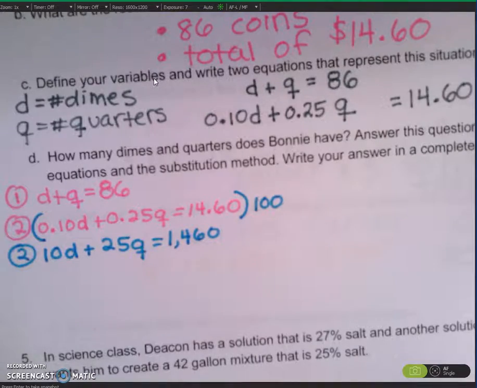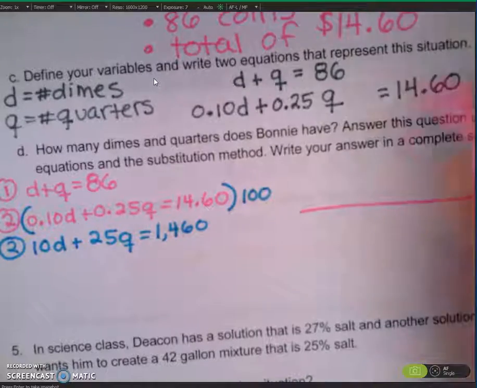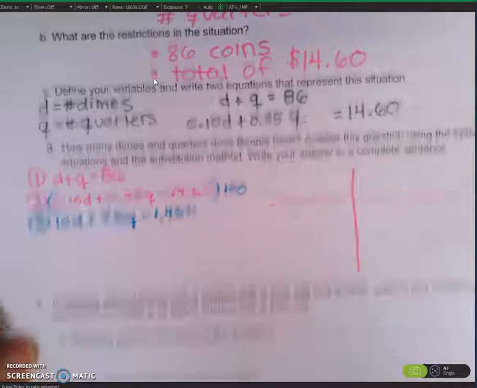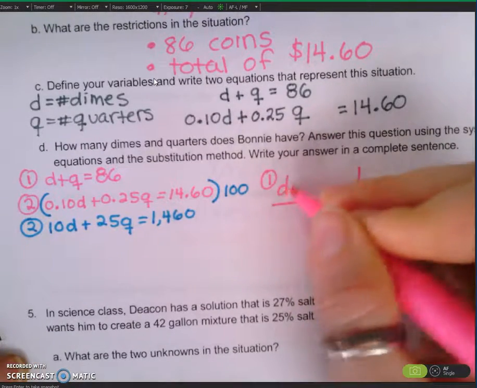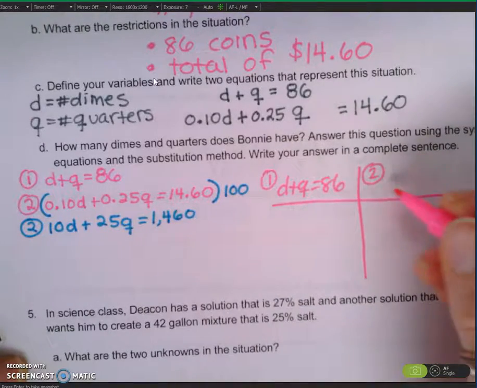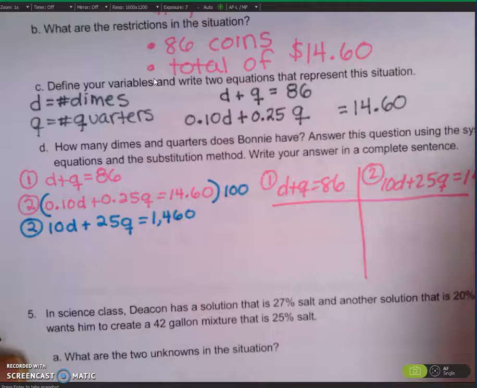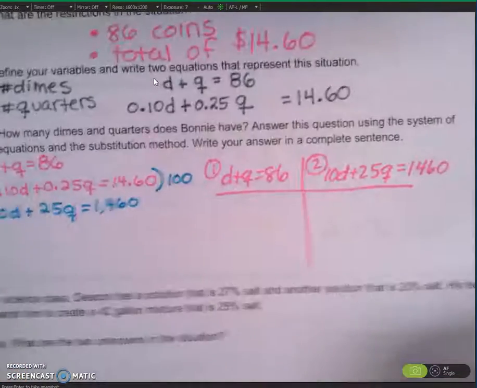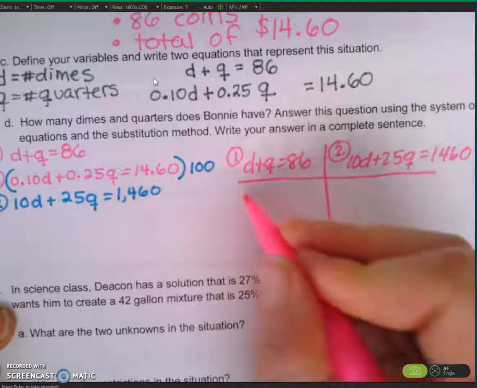So let's decide which equation is most efficient to isolate which variable. You could choose D or Q in equation 1. Looking at equation 1, D plus Q equals 86. Write equation 2 on the other side. 10D plus 25Q is equal to 1,460. So looking at this, I'm going to isolate D in equation 1.